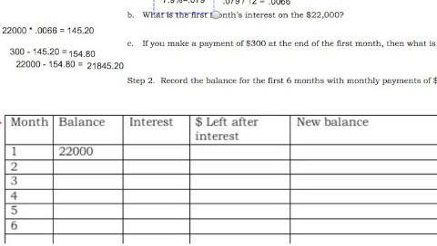Letter B asks, what is the first month interest on $22,000? So now that you have borrowed the money, how much would the bank charge you for the first month? So what I did was I took $22,000 and I multiplied it by the interest rate, which is 0.0066, which means the first month interest is $145.20.